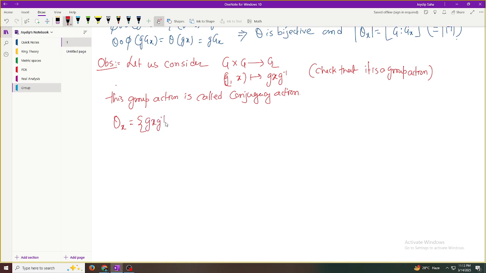Ox equals to gxg inverse, because the action is g dot x equals to gxg inverse. This implies the cardinal number of Ox is equals to the number of conjugate elements of x in G.